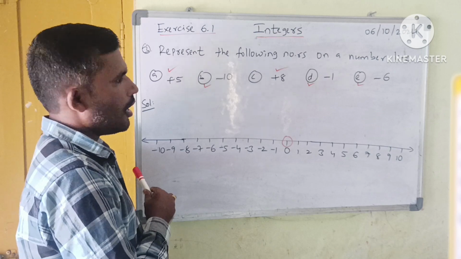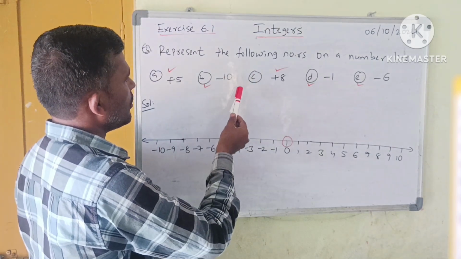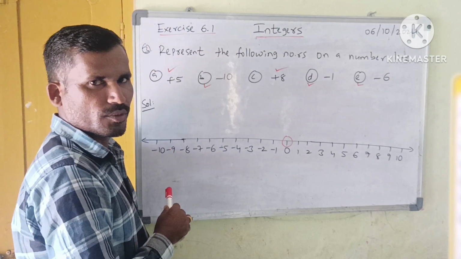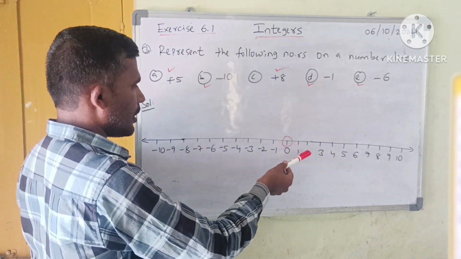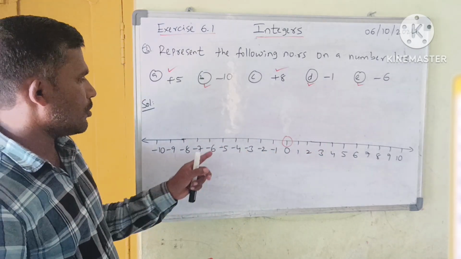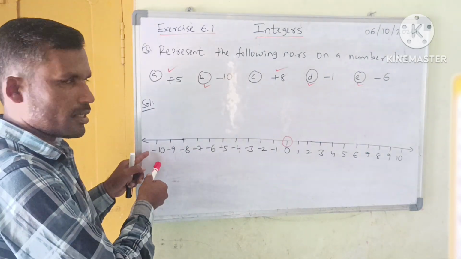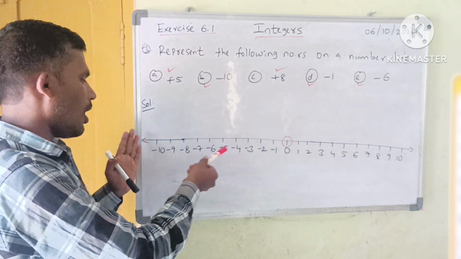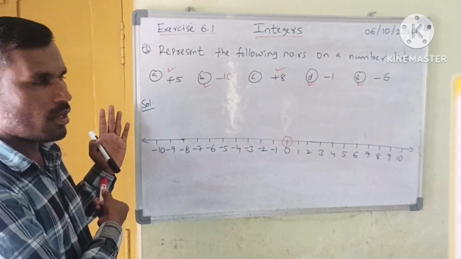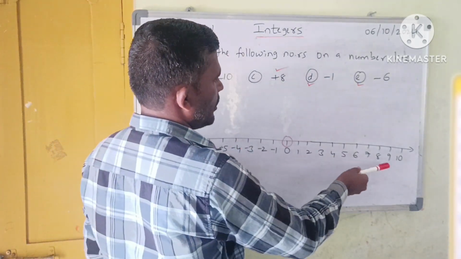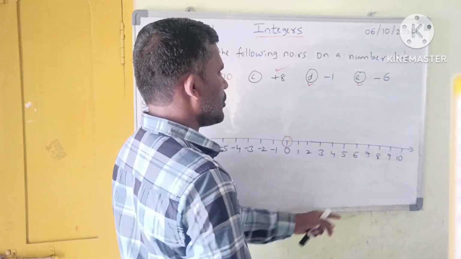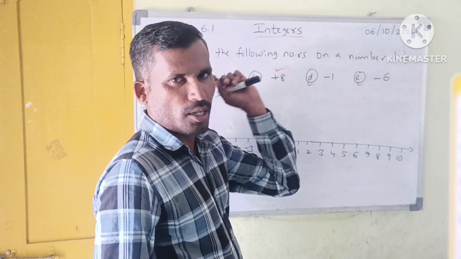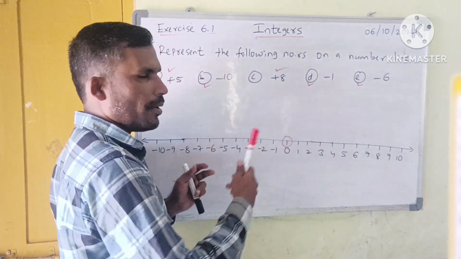By observation, the highest negative here is -10. So while taking the number line you must take up to -10. If they ask -20, you have to take up to -20. The highest positive is 8 only here. So if you are interested, stop at 8. Otherwise you can extend 9, 10 and so on, depending on the space.